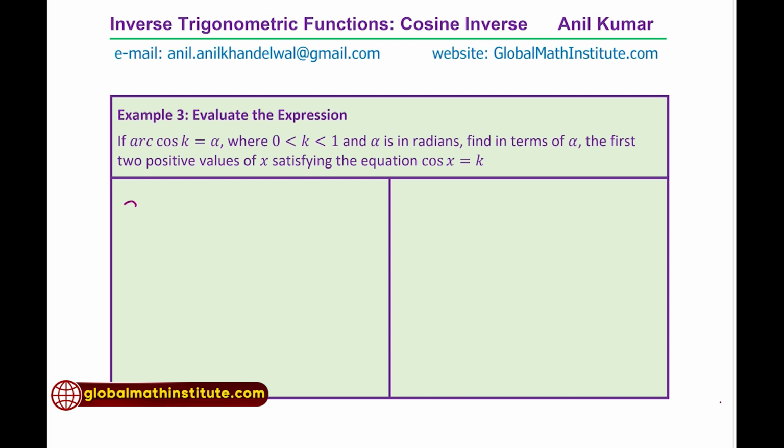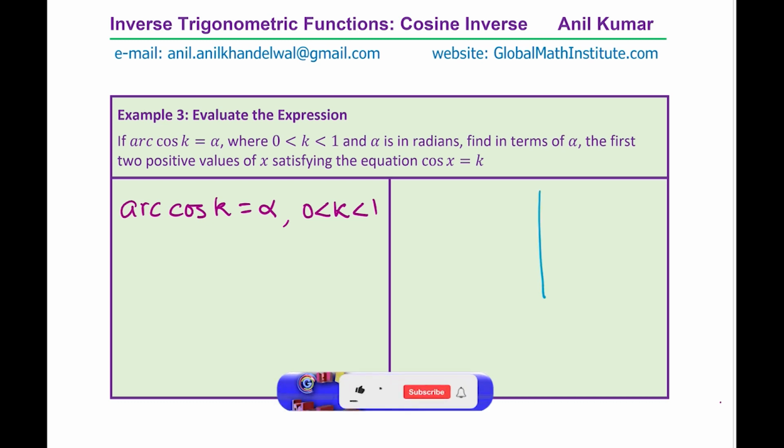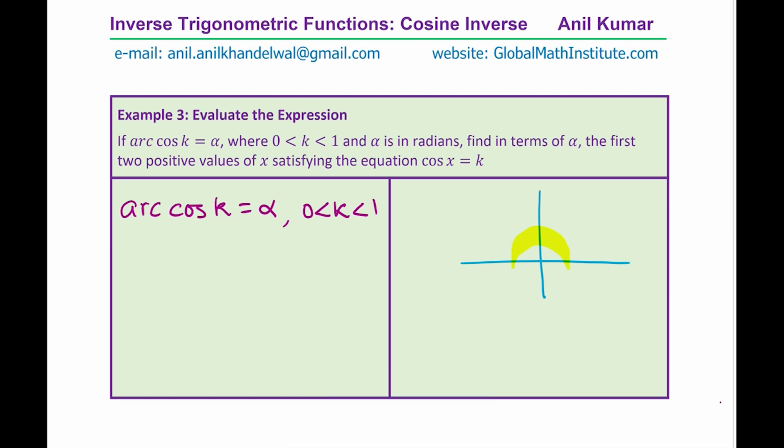So we are saying that if arc cos k equals alpha, and we are given that k is between 0 and 1, right? So k between 0 and 1 means we are looking at quadrant 1. Whenever we talk about the inverse function, let me just show you here. Whenever we're talking about the cos inverse function, we are looking into this region, from 0 to pi.